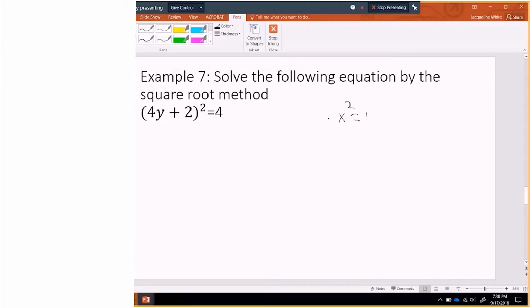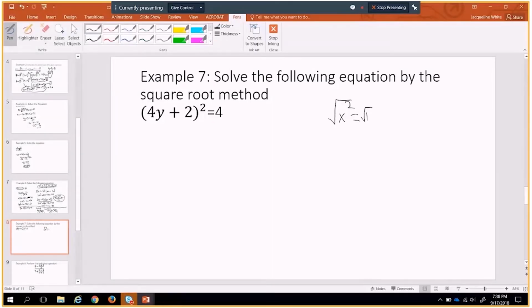Let's take the square root of both sides. So we get x by itself. We're going to get that x is equal to plus or minus 1. And that's basically what the square root method entails. When you take the square root of, let's say, the numerical side, we're going to be left with a plus or minus option of that numerical value.